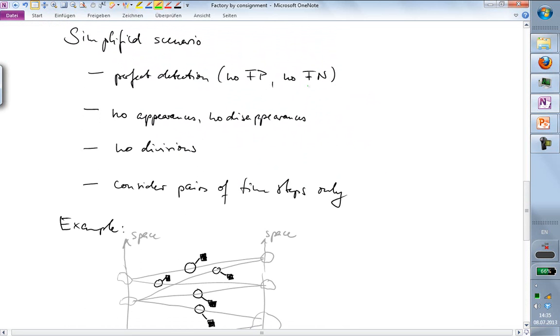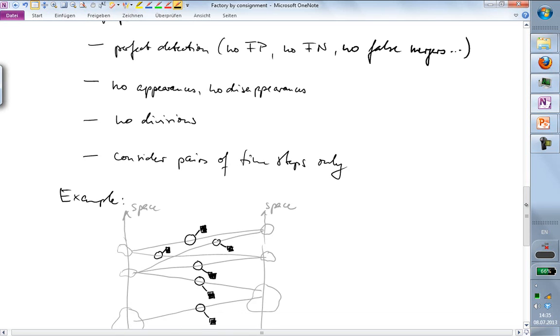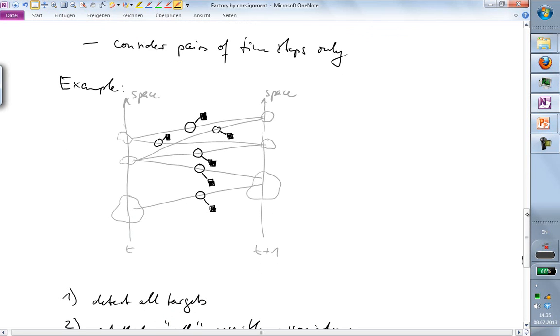So no false positives, no false negatives. Perhaps I should have extended this list and said there are also no false mergers, etc. So the assignment that I've just drawn was an impossible one because I had two particles assigned to the same one.